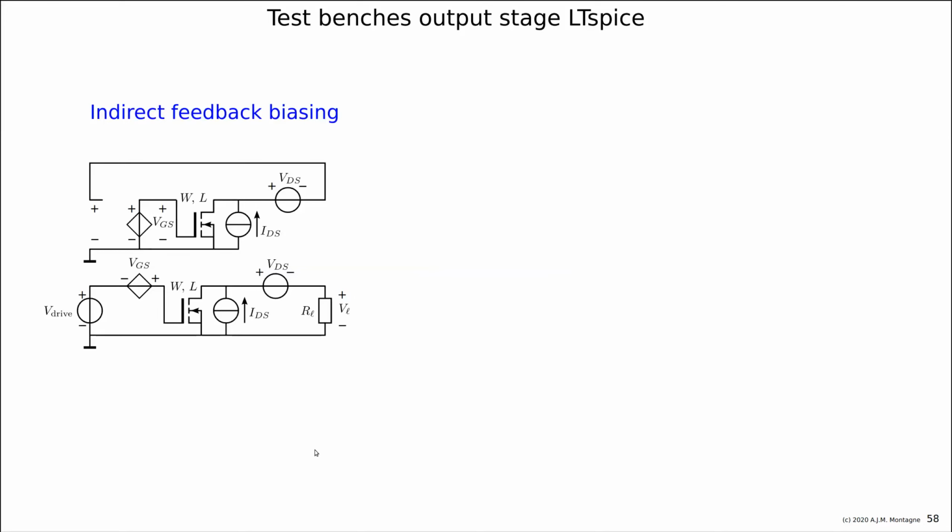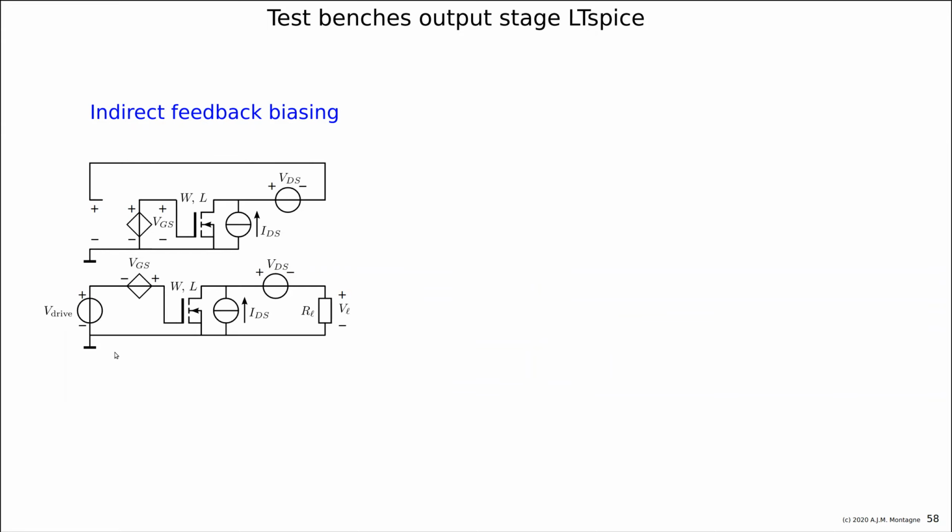So the first one is basically what we have discussed during the lectures. We have a kind of indirect feedback biasing because in one circuit we use the MOSFET and we have a feedback to generate VGS, and this VGS is with a gain of unity copied to the lower circuit in this controlled voltage source, so that the lower circuit is exactly biased, but now we can also drive it with a voltage.